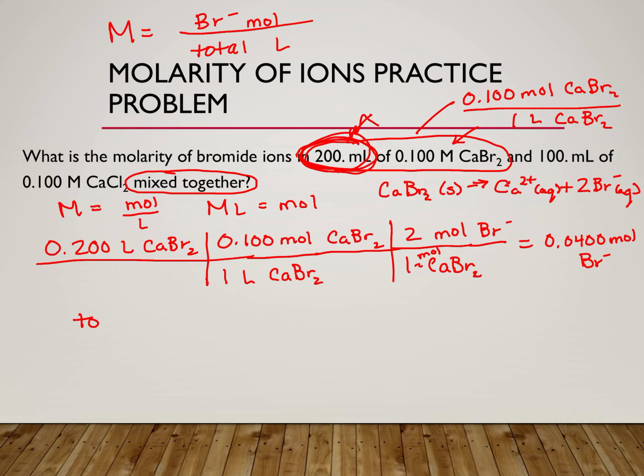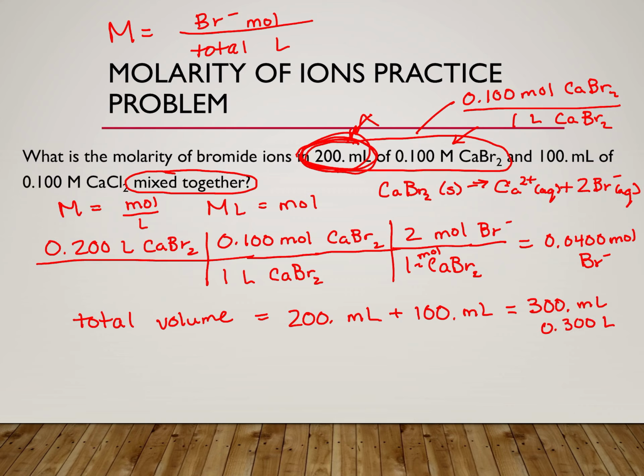So our total volume will be the 200 milliliters plus the 100 milliliters, and that will give us 300 milliliters total, or 0.300 liters.